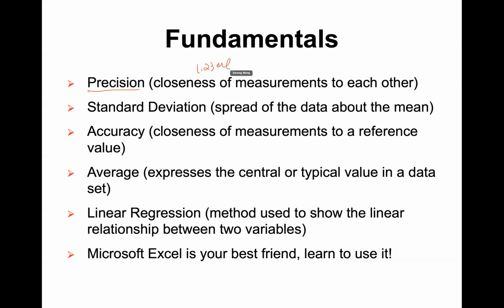Then you have another one, 1.23 milliliter, and another one, 1.25 milliliter. From here, we can see those values are very close to each other. So in this case, you have a very good precision for your measurement.